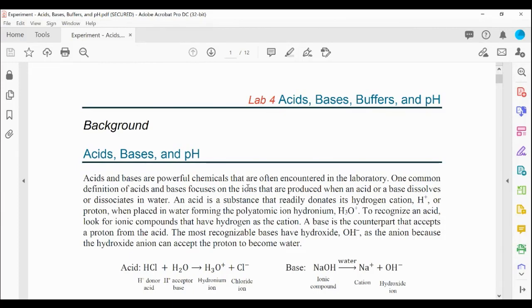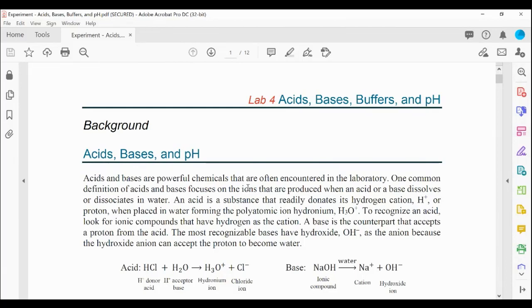And bases have a bitter taste, and they are in many household products like drain openers and antacids.